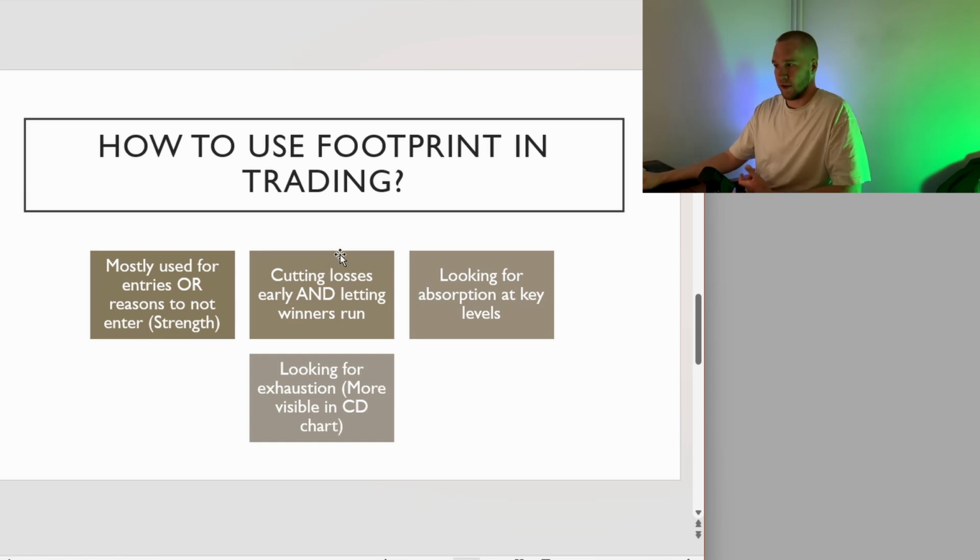Now, also a footprint chart could be used to cut your losses early and let your winners run. And this is coming back to the strength again. When you can see the numbers, you can see the actual contracts that are within the candles, it's a lot easier to trust your own strategy, because there's kind of this gambling element which has been reduced by a lot.